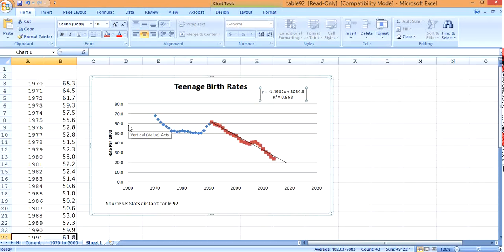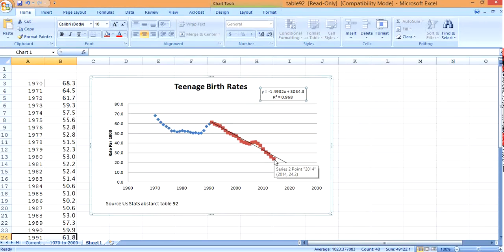About 60 teenagers between the ages of, I believe it's 15 and 19, gave birth per 1,000 of the population. And this has dropped dramatically to 2014, where we have 24.2, so about 24 births to teenage mothers per 1,000 in 2014.